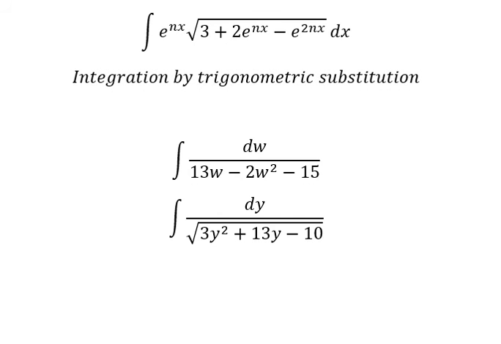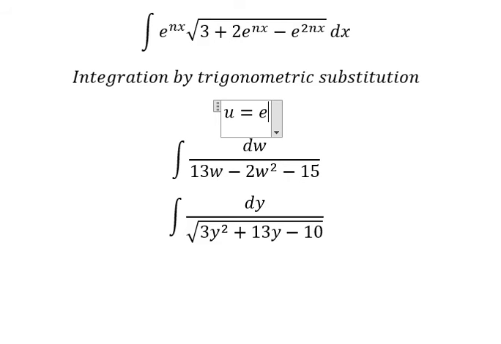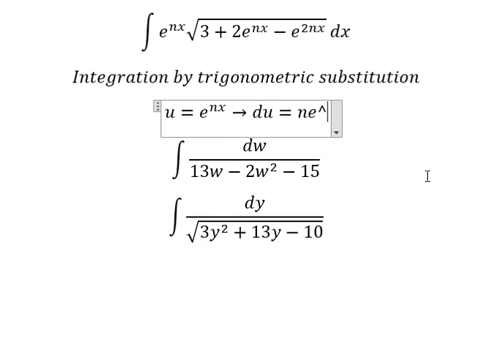substitution. So I will put u equal to e to the power of ns. So if we first take the derivative of both sides, you will get n e to the power of ns ds.